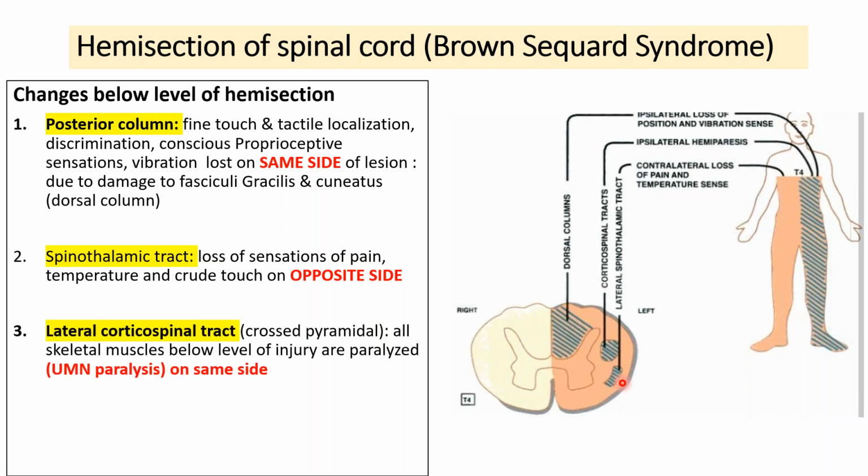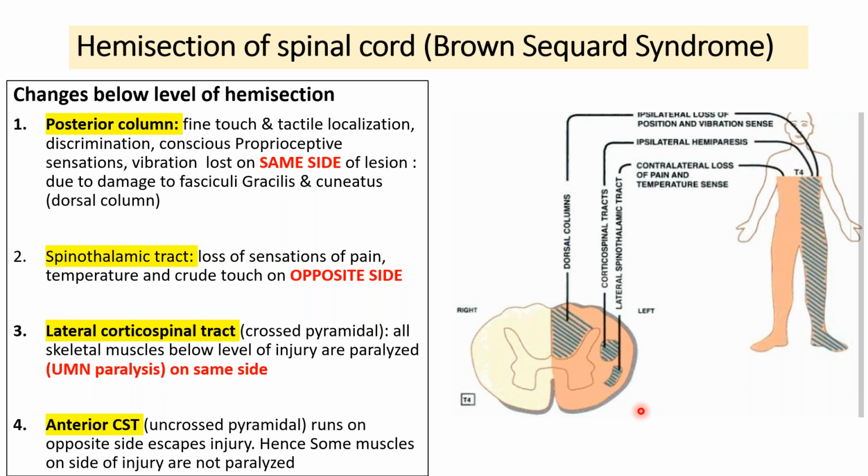In case of lateral corticospinal tract, which is a crossed pyramidal tract, all the skeletal muscles below the level of lesion will be paralyzed on the same side, because it had to go to the same anterior horn cells. But what about the anterior corticospinal tract? Anterior corticospinal tract had to cross at the level of the spinal cord.